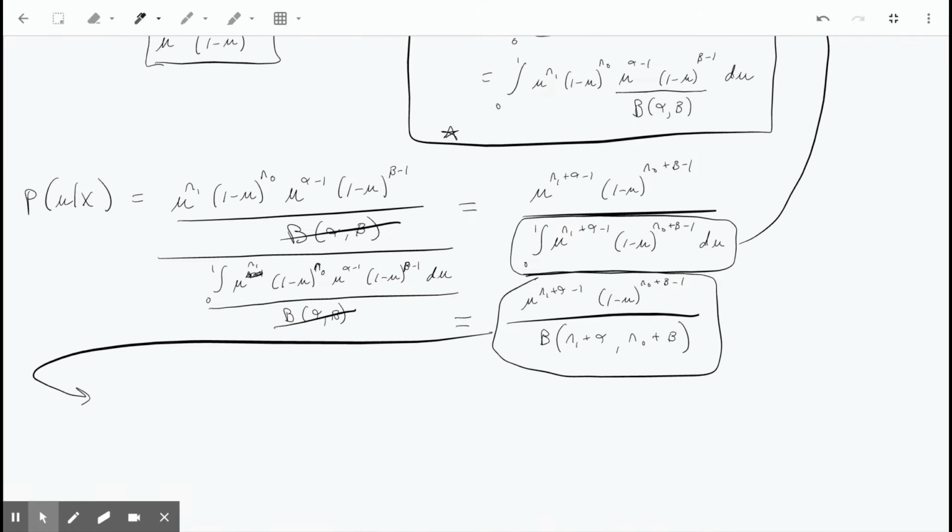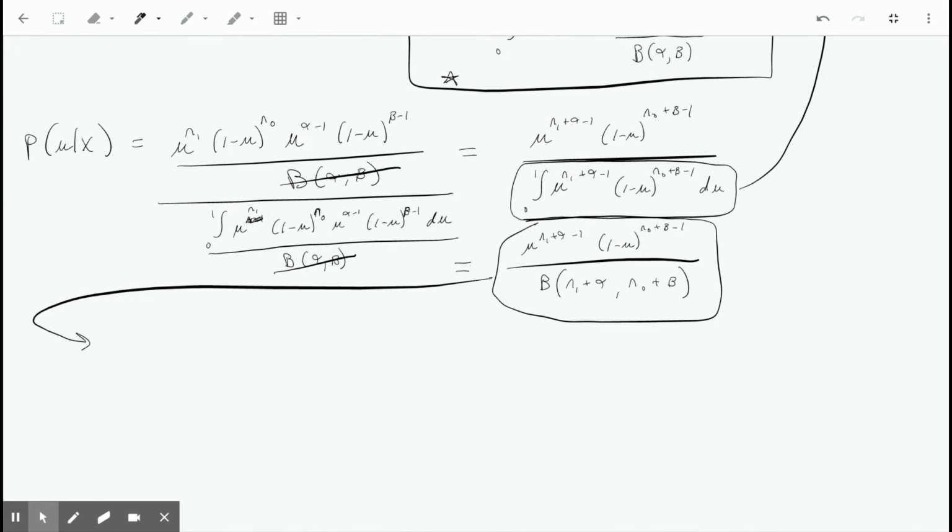And that's exactly what we have here, except that something is different. We find out that the alpha term has become n1 plus alpha, and the beta term has become n0 plus beta. So let me just make it clear by writing that the posterior is equal to, or distributed as, a beta with these new parameters.